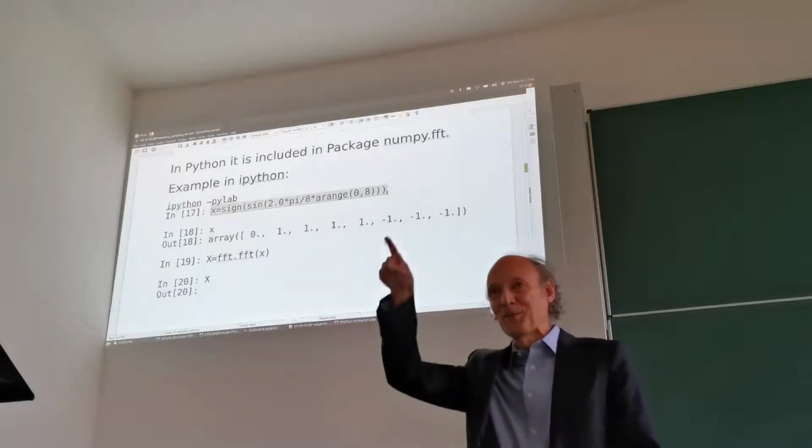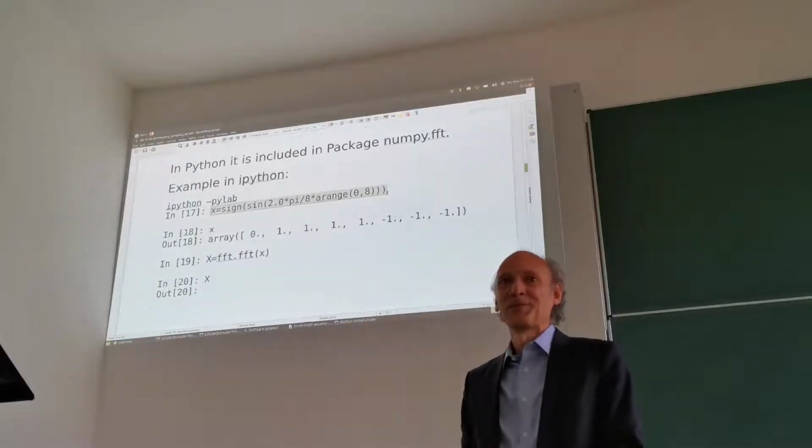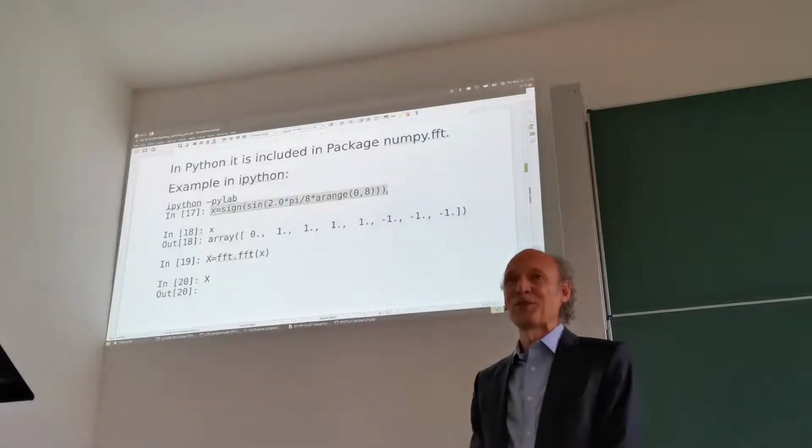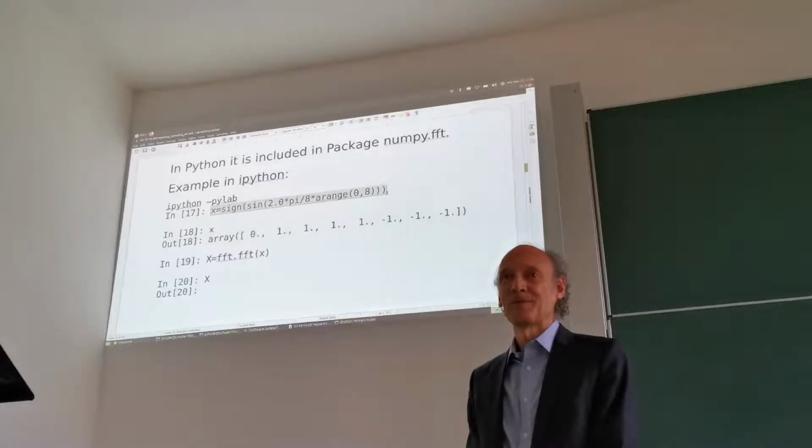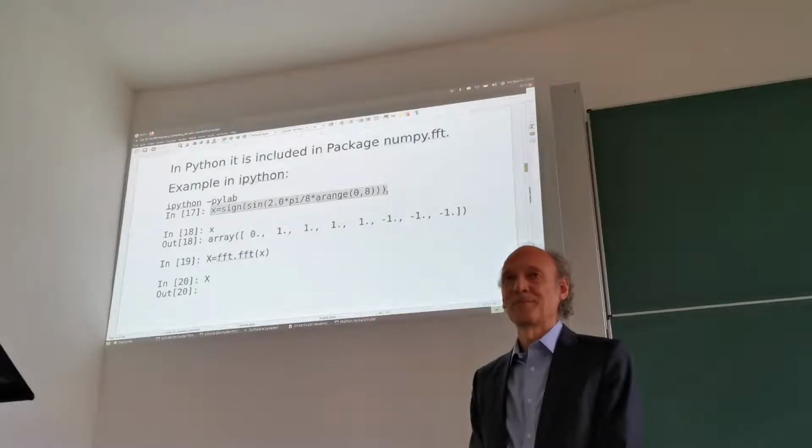The sine looks like this, goes up and down. So how does the S-I-G-N look like? Do you know what S-I-G-N means? It means that you take the sign of the values, the plus or minus, or 0 in case it's 0. For the sine function, this means that we're going to have a function that looks like a positive box for the part where the sine function is positive, and a negative box where the sine function is negative.